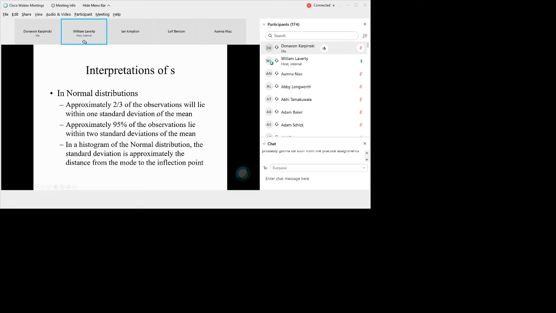So if you go 1 standard deviation above, 1 standard deviation below, that range will contain about 2/3 of the observations. If you go 2 standard deviations above, 2 standard deviations below, that will contain 95% of the observations. Another interpretation, if you draw the bell-shaped curve, the standard deviation is the distance from the center of the bell-shaped curve to the inflection points.